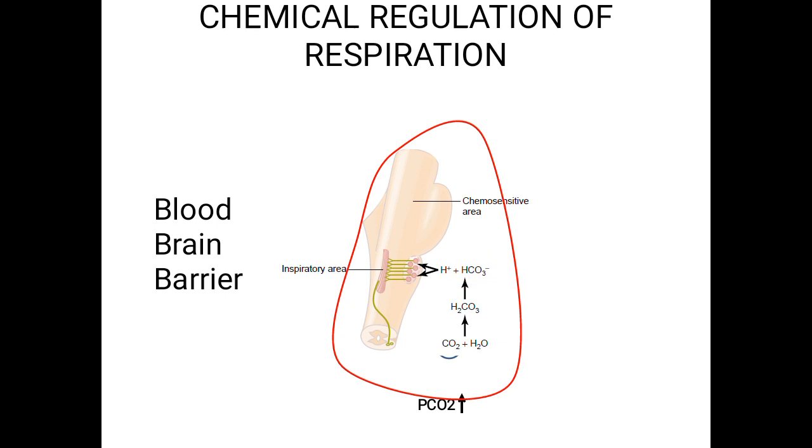These H-ions influence the central chemoreceptor. So indirectly CO2 influences the central chemoreceptor through H-ions. H-ions penetrate slowly, but CO2 can enter the blood-brain barrier quite easily. So an increase in PCO2 level will stimulate respiration indirectly through H-ions. That's why CO2 is very, very important.